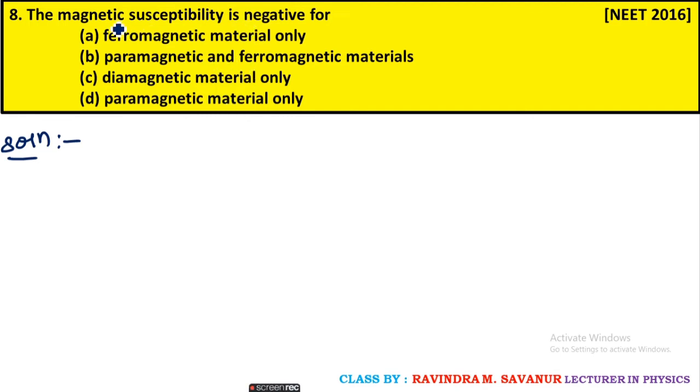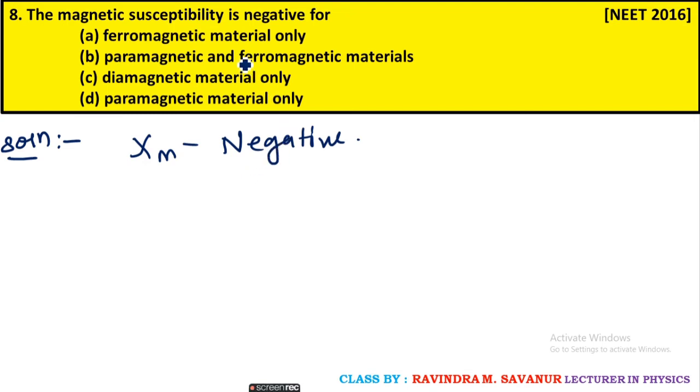Question number 8. The magnetic susceptibility is negative for. Susceptibility is negative. We discussed in the synopsis the comparison between the para, ferro, and dia.